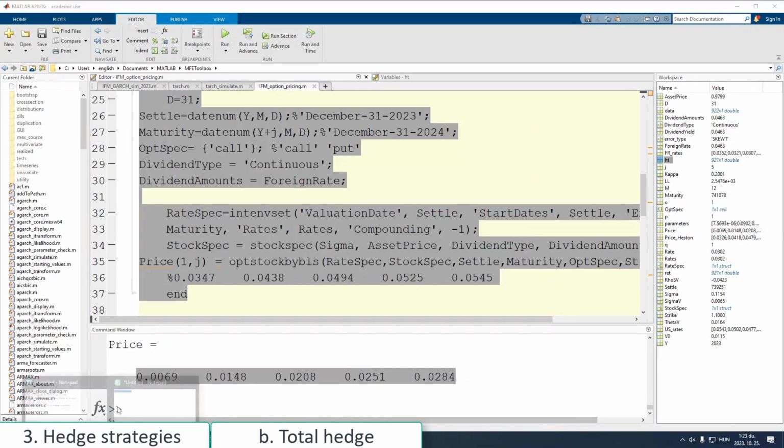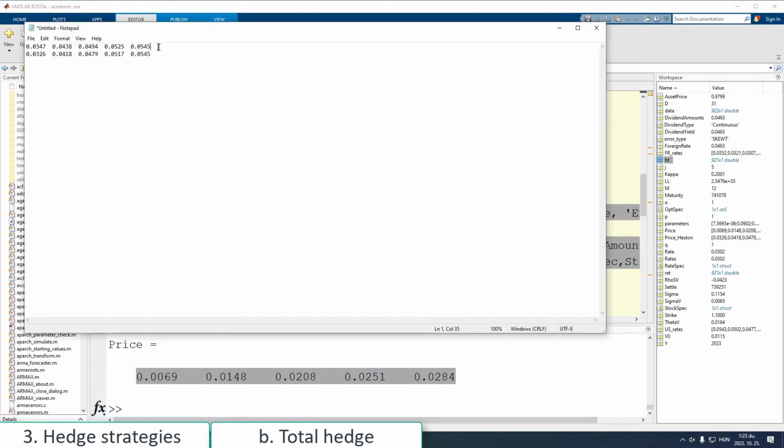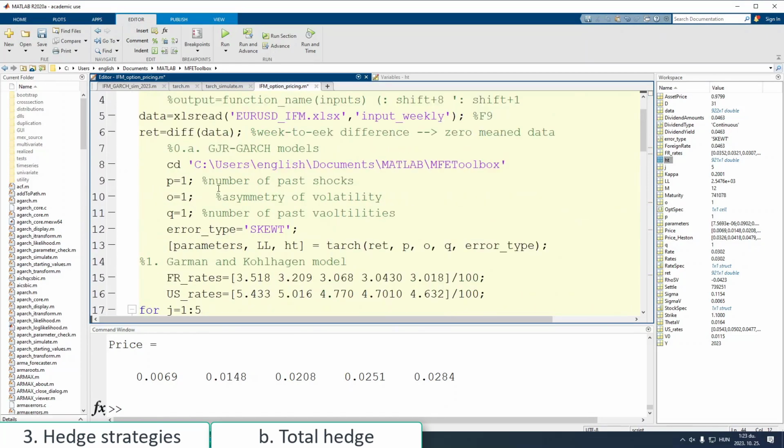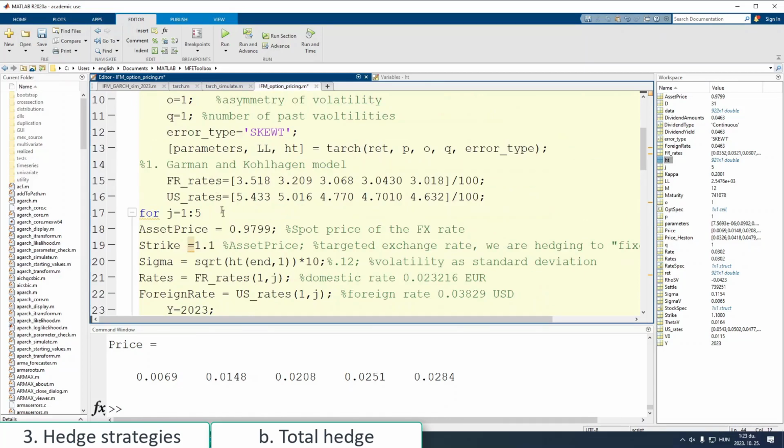So we just have to make this one really significant change here. So let's copy it back to our notepad here, and also this is not the case. 1.1. It was point, right? This is point.